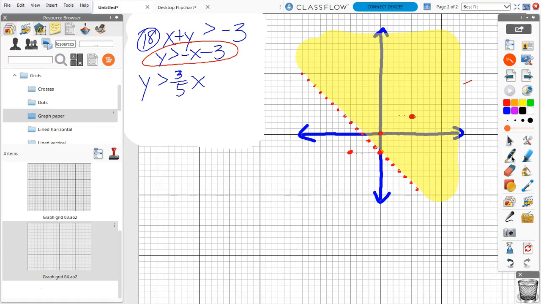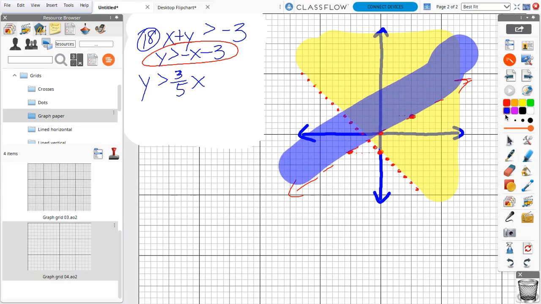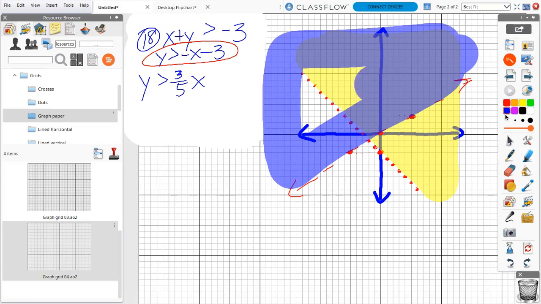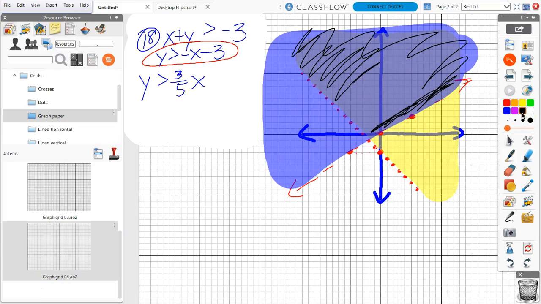And I'm going to make that also a dotted line, again, because there is no equal to. Do I shade above or below that one? Above that one as well. So everything above it. And you can see the little part where they intersect there. I'm just going to color it in with black real good. That would be your answer.